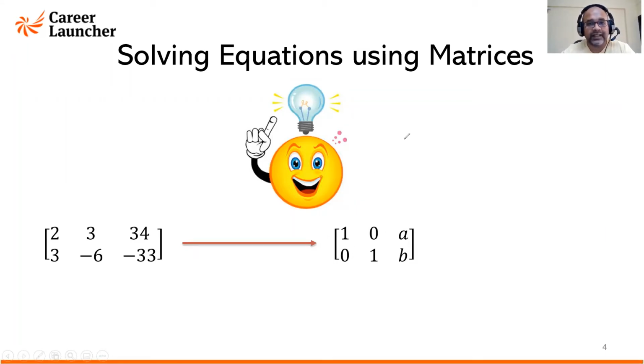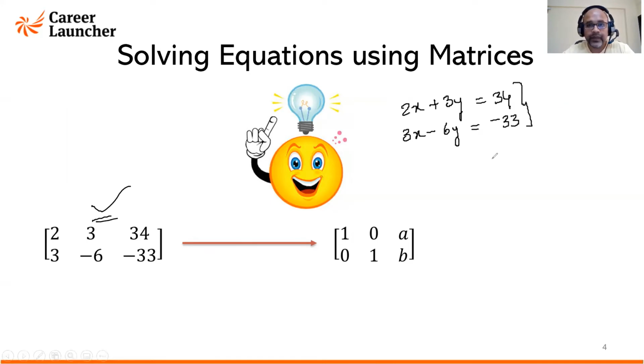Let me explain with an example of what I mean. Let us say I have 2x plus 3y equal to 34, and 3x minus 6y equal to minus 33. This is the equation that I have, or the matrix that I formed from these two equations.